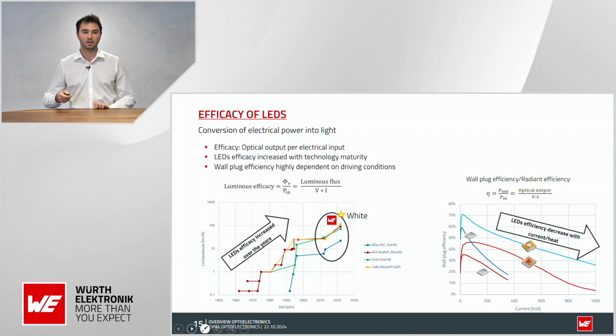Because of this rapid increase of the efficiency over time, nowadays you basically use only white LEDs for lighting purposes. You don't use the old lamps anymore, the tubes, or the ones with the filament inside.